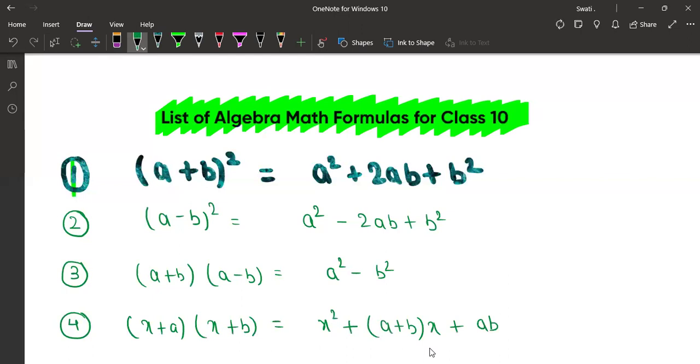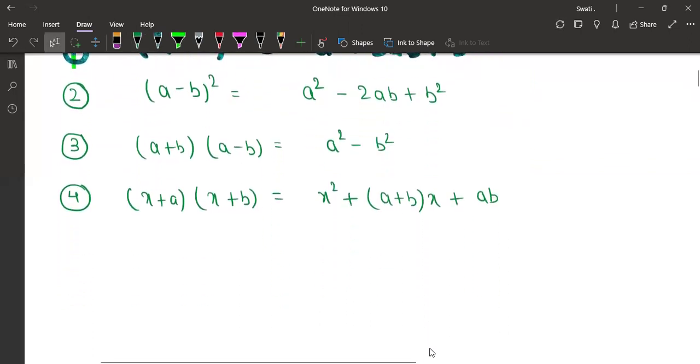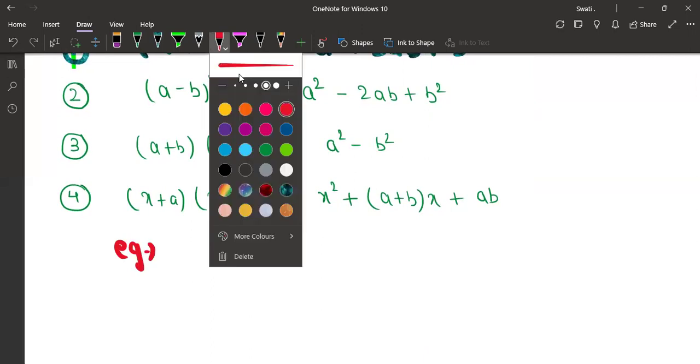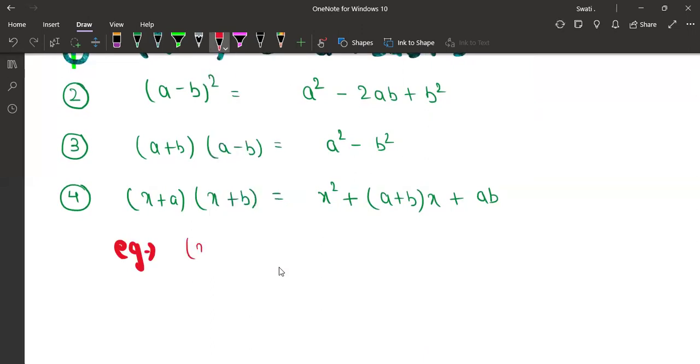For this formula, I'm going to take one example just to make you understand. Here you can see that x is the same, right? So for example, I'm writing x plus 5, where a is 5, and then x plus 2. Then what is the value for this? Of course, you can use the distributive property here, but if you use the formula, then you'll get the answer in just one step.